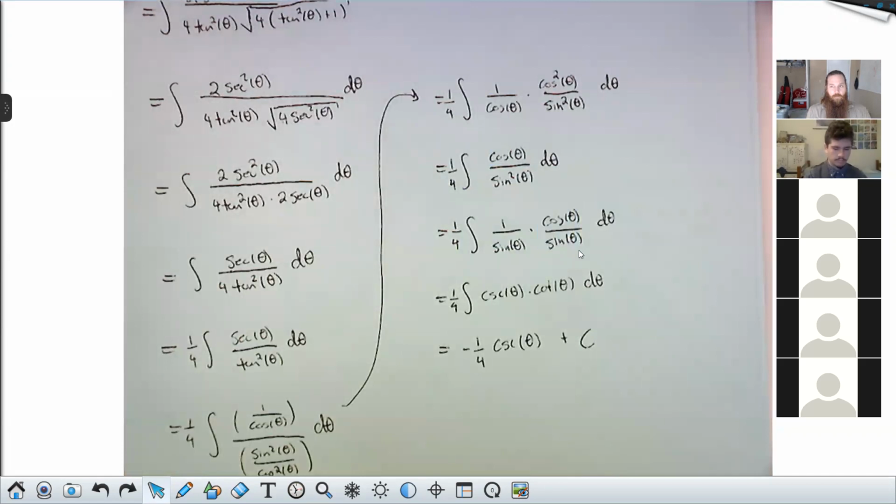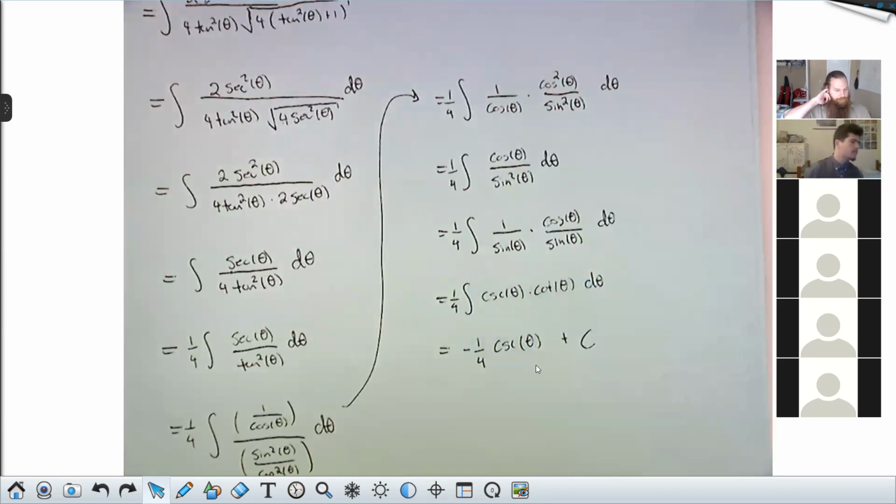And then using the reciprocal identities, 1 over sine theta is cosecant theta. That's the definition of cosecant. Cos theta over sine theta is cotangent theta. That's the definition of cotangent. And then we know that the derivative of cosecant is cosecant cotangent, just with a negative. So the integral of cosecant cotangent is negative cosecant.